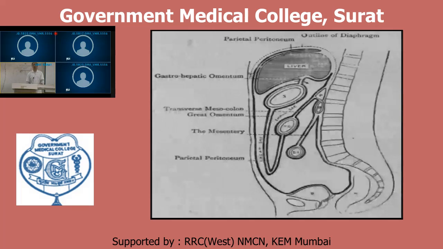On the anterosuperior surface of the transverse colon, it will show attachment. Now these upward going layers again show two layers, layer number 3 and layer number 4. You can see here, layer number 1 continues upward as layer number 4, but layer number 2 continues upward as layer number 3.